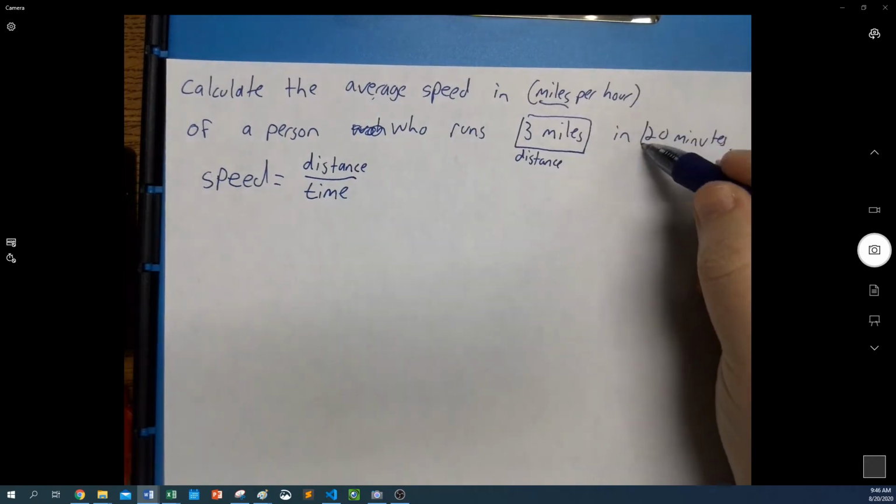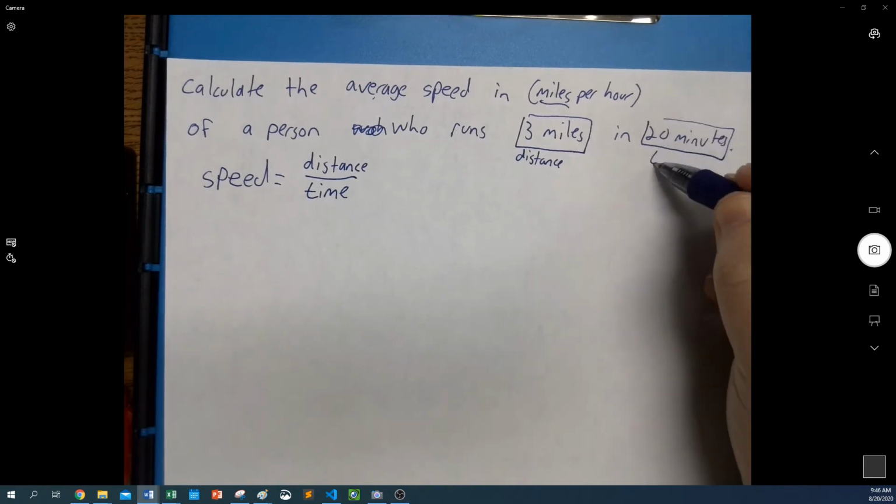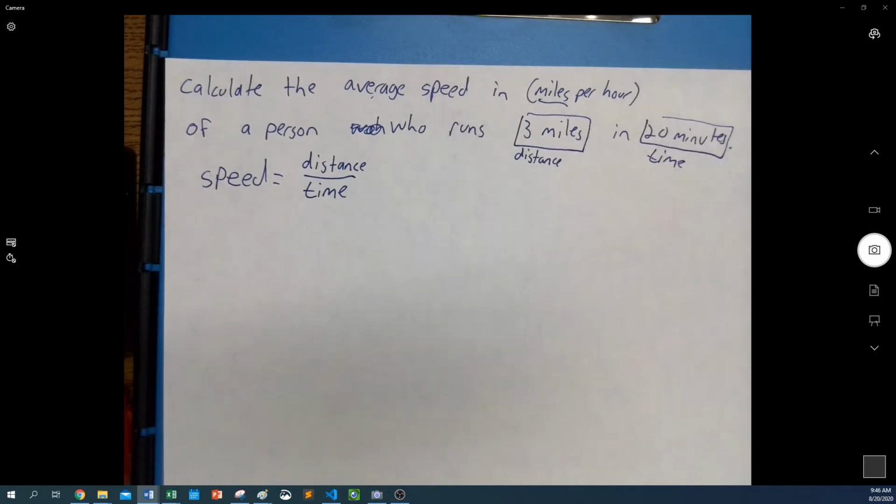And this is our time in minutes. How would we convert 20 minutes into hours? Multiply it by what? So 20 minutes is equal to 60 hours.